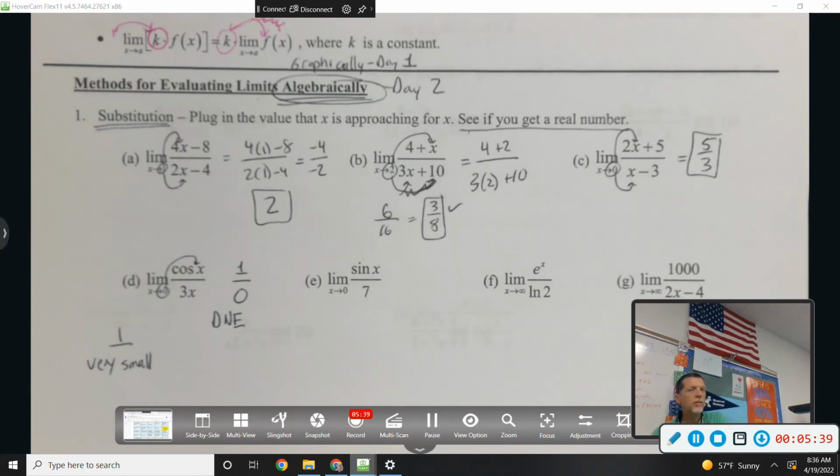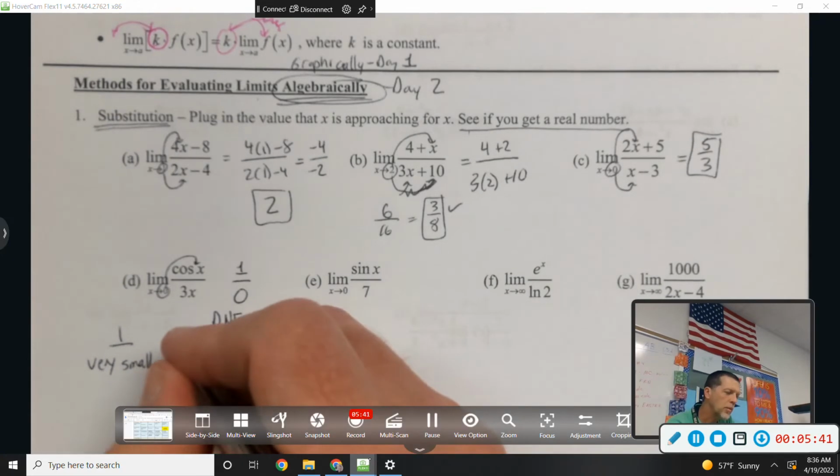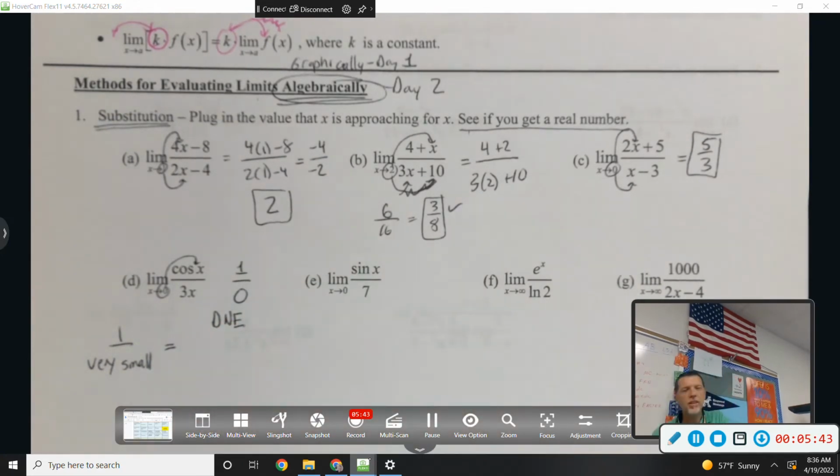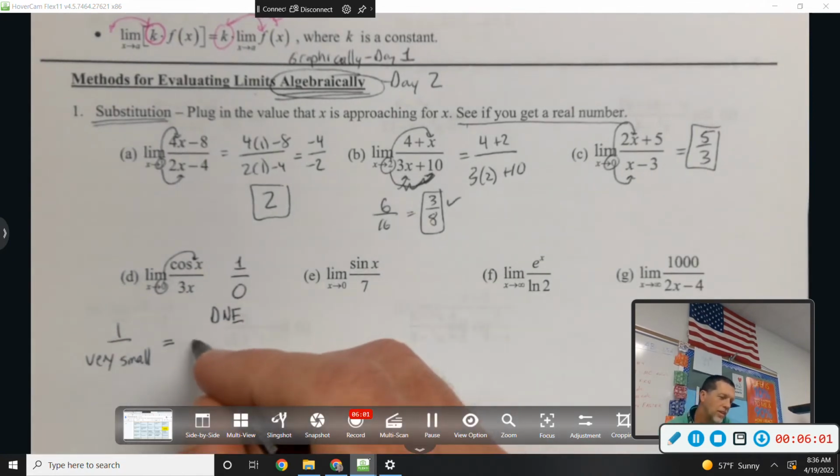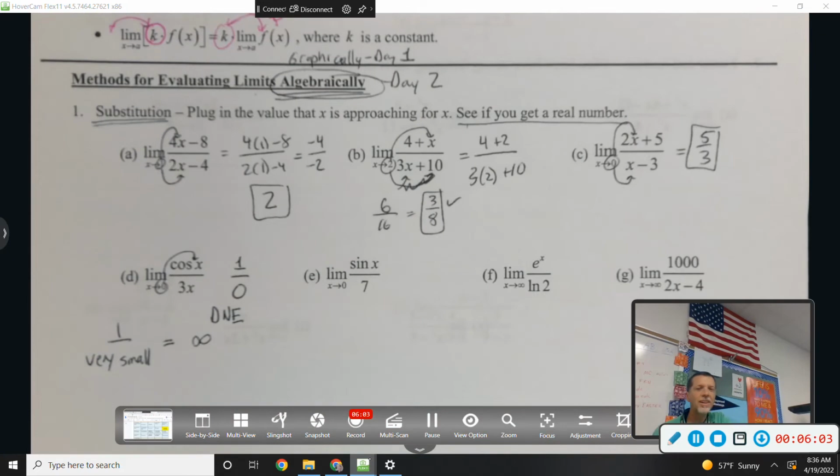let's see, what's 1 divided by a very small number? I'm trying to think how to phrase this. A real world example. Something that's very small. Grains of sand. Rice. So how many grains of sand could I fit on one earth? Well, a lot. A whole lot. Approaching infinity.